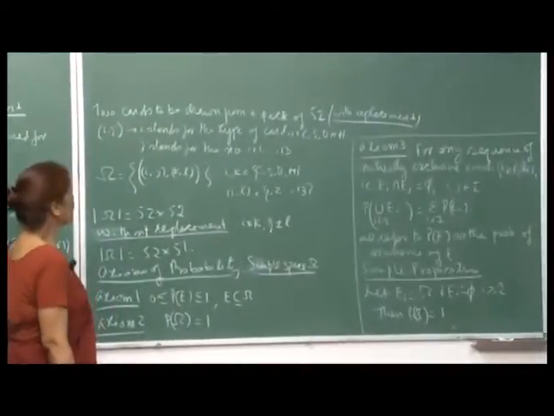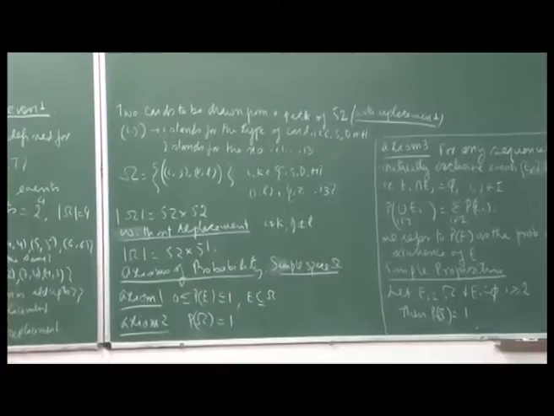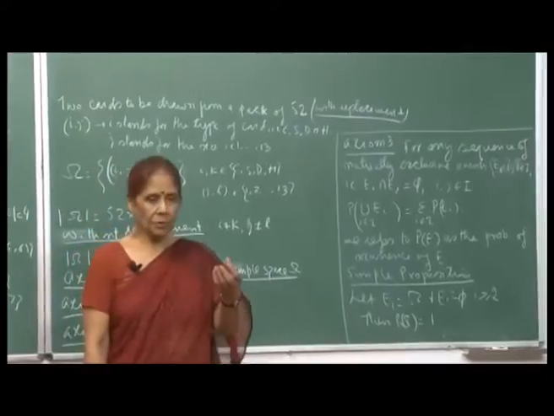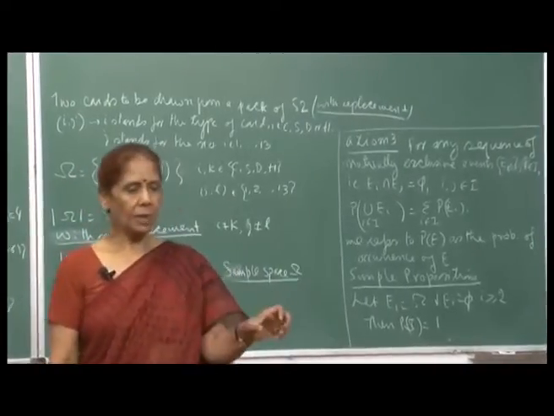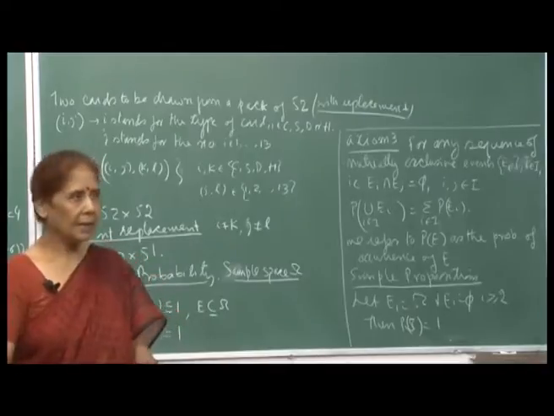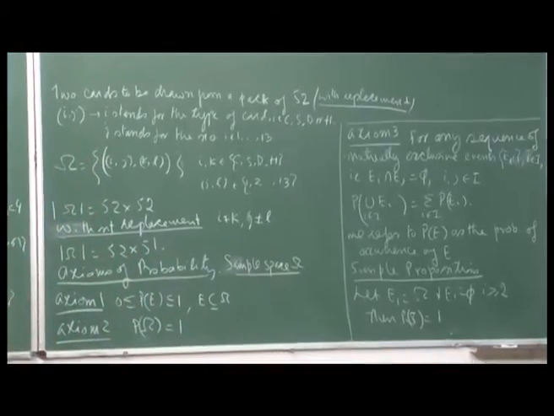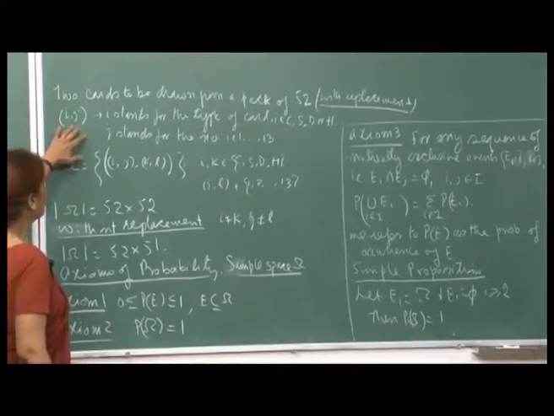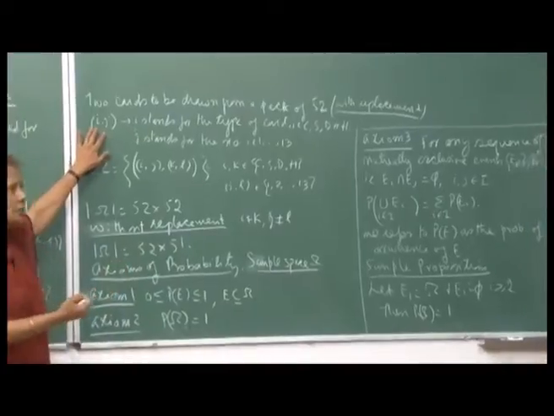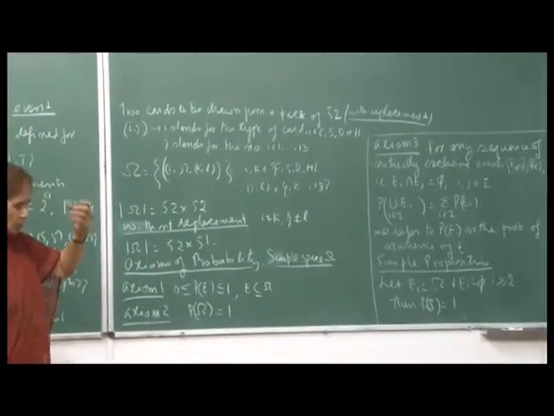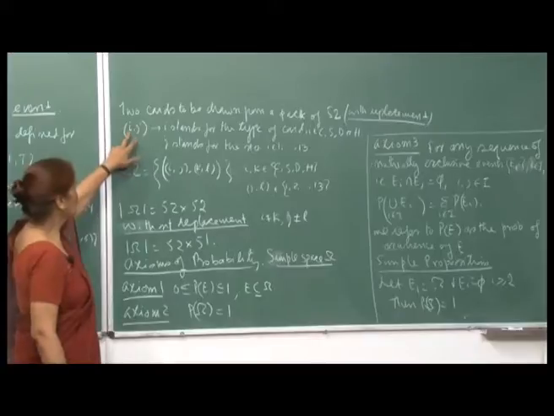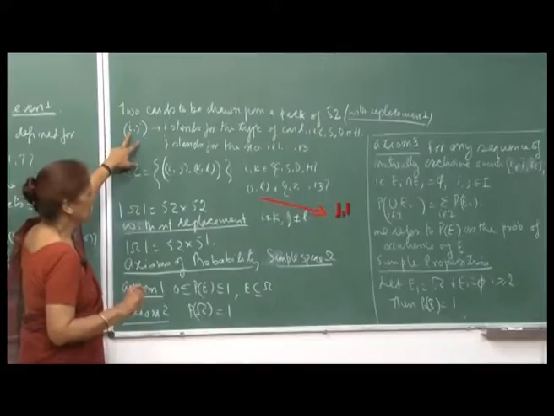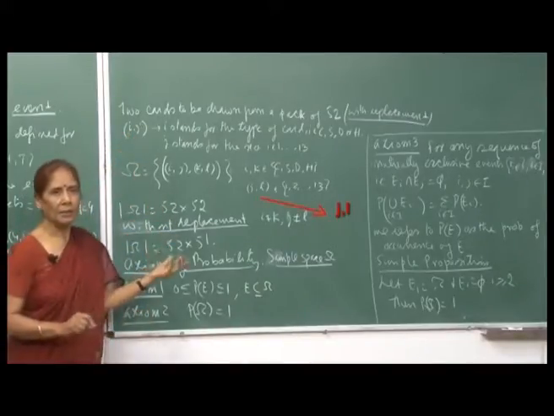So, now consider the case that 2 cards are to be drawn from a pack of 52 cards, and you do this drawing with replacement. That means you draw a card, you look at it, note it down somewhere, and then put it back in the pack, and then again you draw the second card. If this is your experiment, then let us say that i, j stands for what you note down when you take out a card. The first index tells you what type of card it is, whether it is a club, spade, diamond or heart.